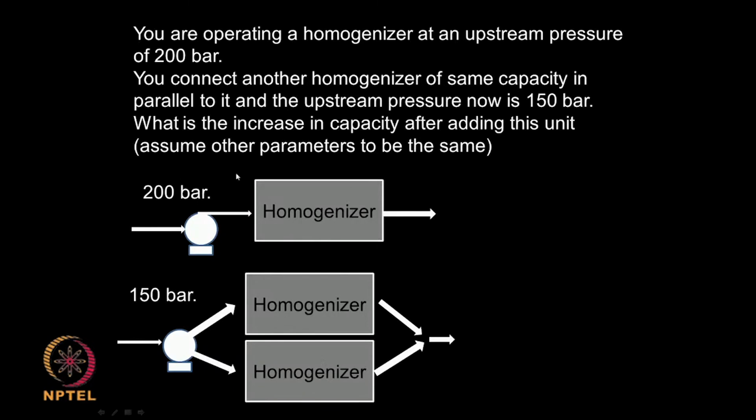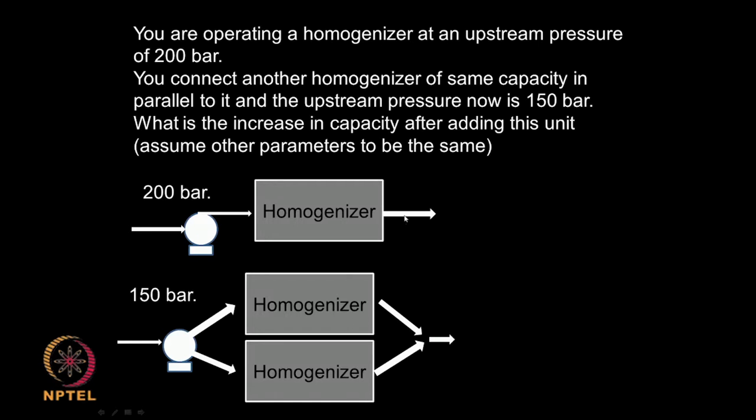Now, another problem we would like to see, imagine that I have a homogenizer, and it is operated at 200 bar. Now, I connect another homogenizer of the same capacity in parallel. So, what happens is the pressure comes down to 150. I am asking what is the increase in capacity after adding another.